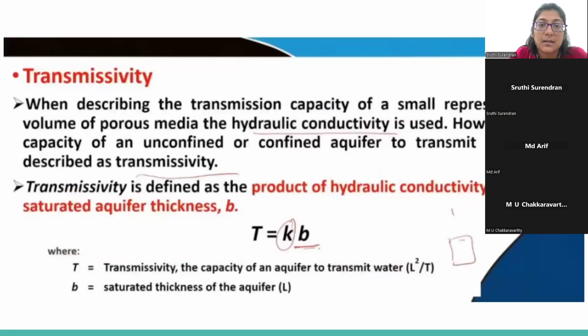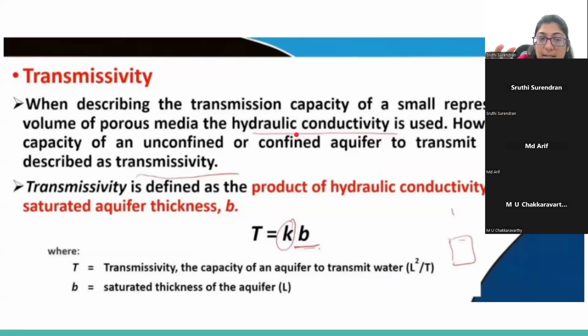Now, transmissivity or transmissibility, these terms are used interchangeably, is the product of the hydraulic conductivity and thickness of the aquifer. Transmissibility is basically the capacity of a porous media.